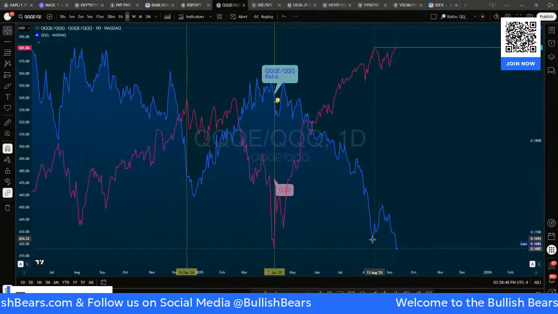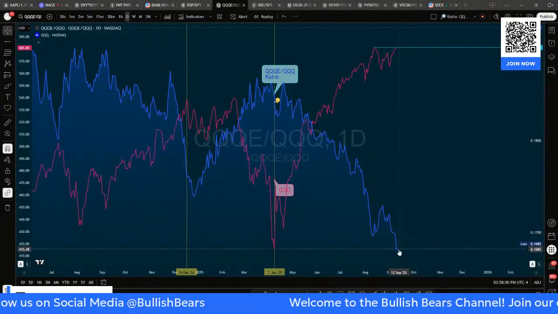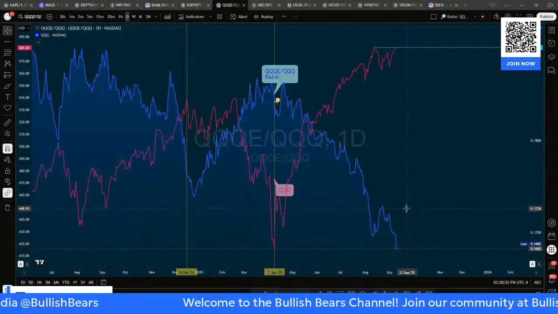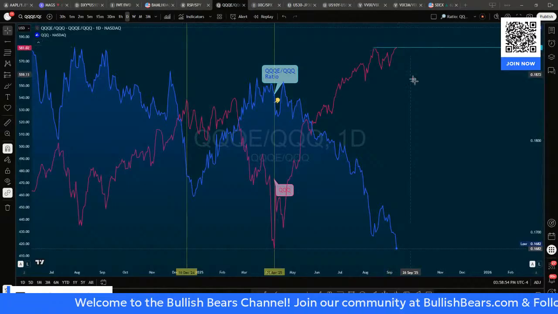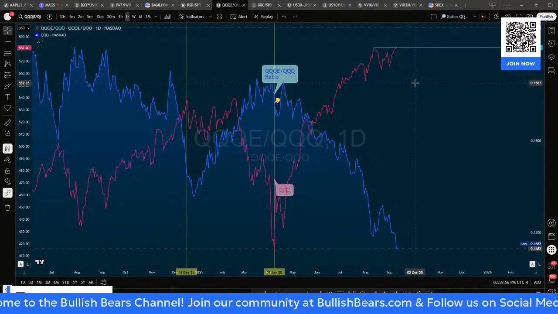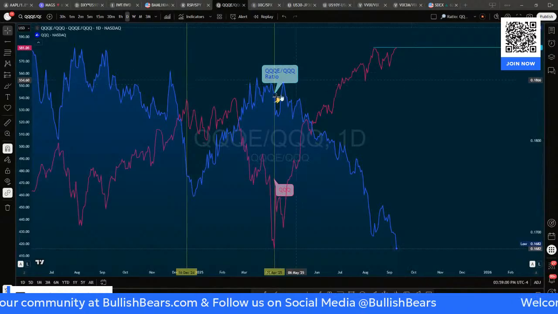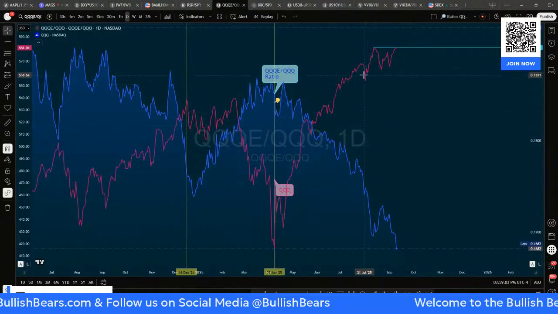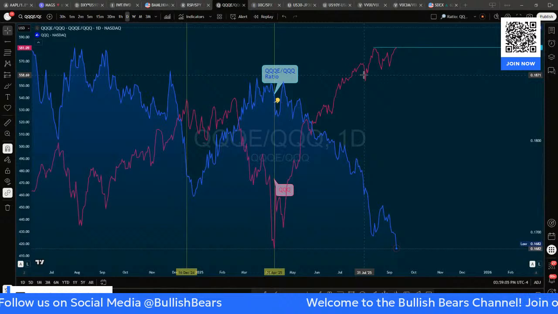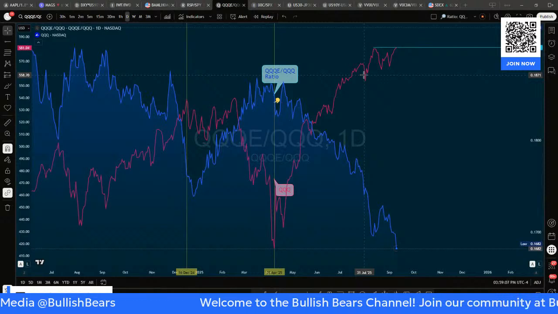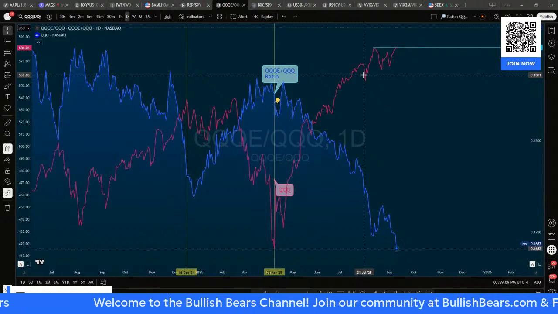And if this is overextended and starts to come back to the upside, that's going to send the Nasdaq down. Not into some big massive sell-off like we had at the front of the year, just another pullback like 2.5, 3%. Short-term trade, 2 or 3 days, maybe a week.